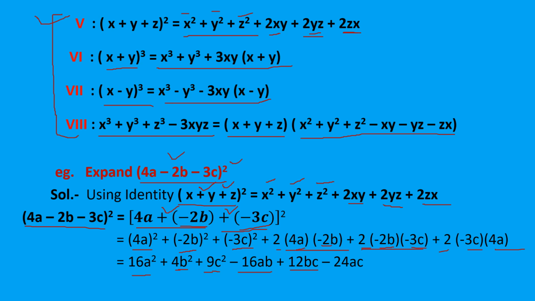And then 2 into -3 is -6, into 4 is -24ac. So we can expand (4a - 2b - 3c) whole square as 16a square plus 4b square plus 9c square minus 16ab plus 12bc minus 24ac, using the identity (x + y + z) whole square.